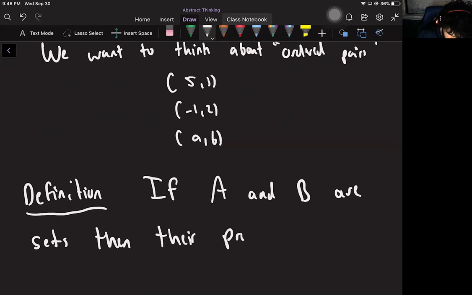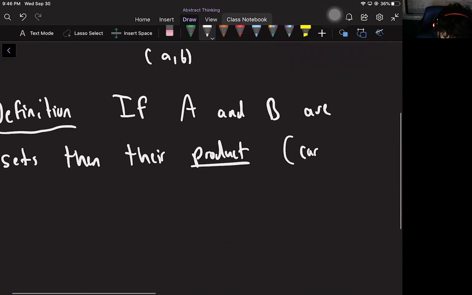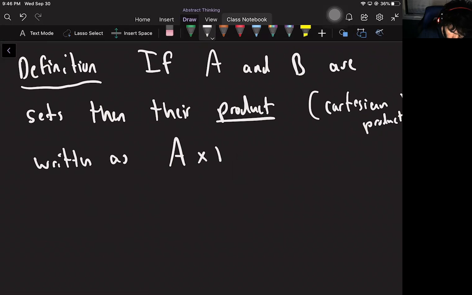You can call it the Cartesian product as well, but I don't want to keep saying Cartesian product every time, so I'm just going to say product. Their product, which we write as A and then a multiplication symbol B, but we don't call it A times B, we call it A cross B. That's one way to say it.